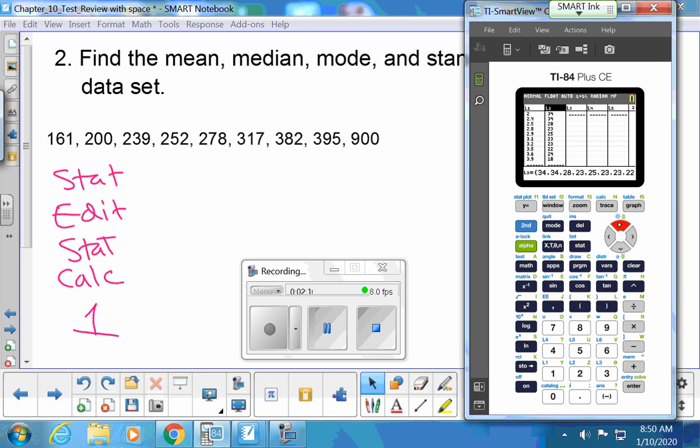You're going to get rid of all your old stuff by hitting clear up top. And then you're going to put all the numbers into L1. So you're only going to have numbers in L1 this time. I feel like when we did this before, we had numbers in L2. So 161, 200. I'm going to enter it over here.